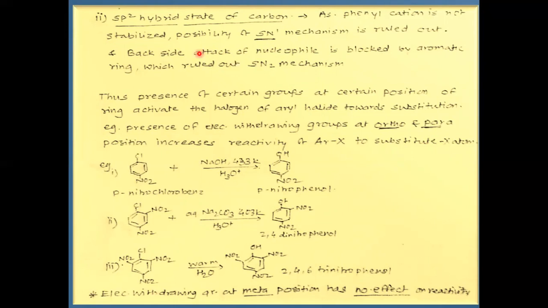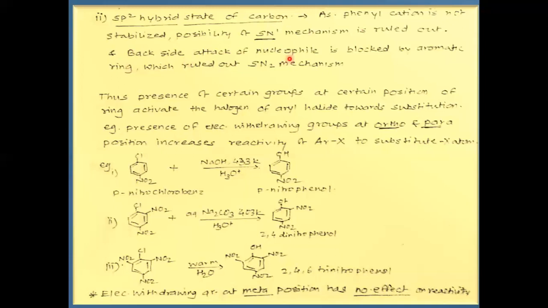So here, as the phenyl cation is not stabilized, in the previous slide we have seen that the phenyl cation is not stabilized because the CCl bond, between the carbon of the aromatic ring and chlorine, has double bond character. So it is a shorter bond, and because of the shorter bond, formation of the phenyl cation is not possible, not stabilized, and hence the SN1 mechanism is ruled out.